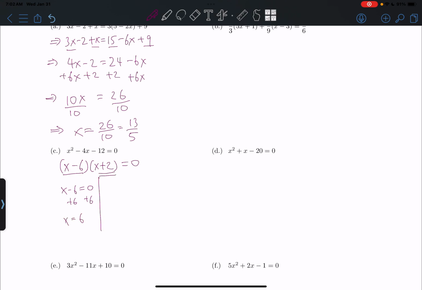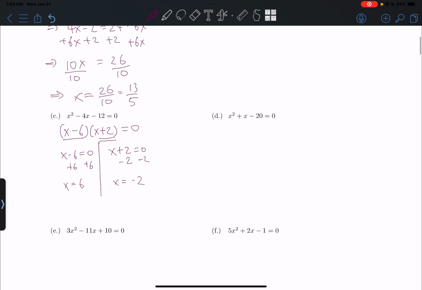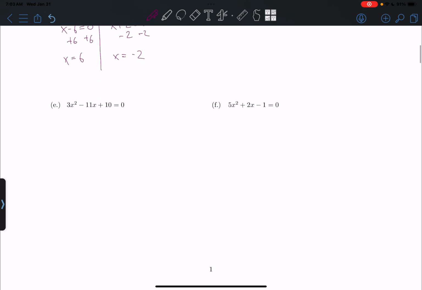And then set that equal to 0. And you have our two answers here. Moving on to the next problem.